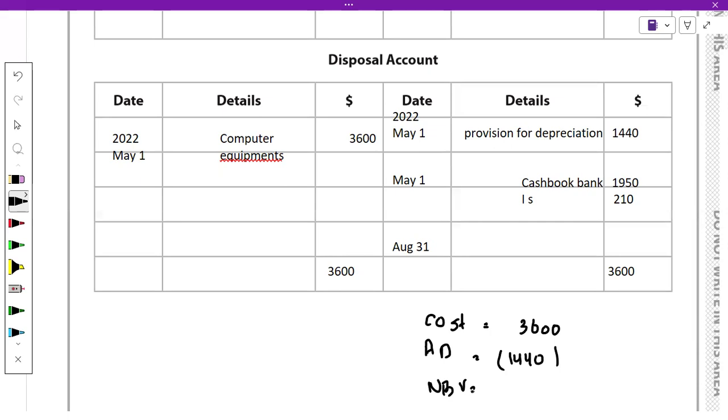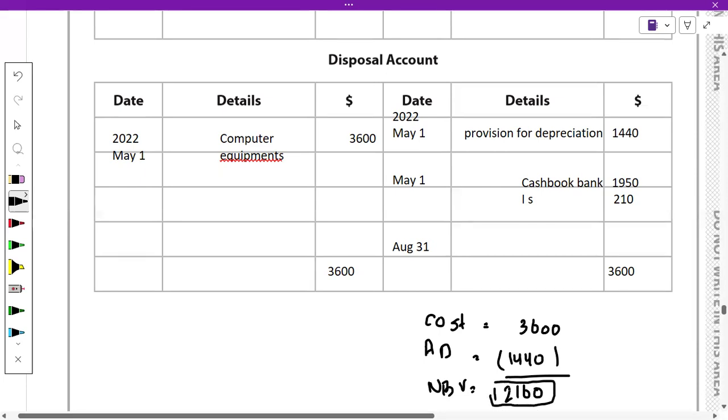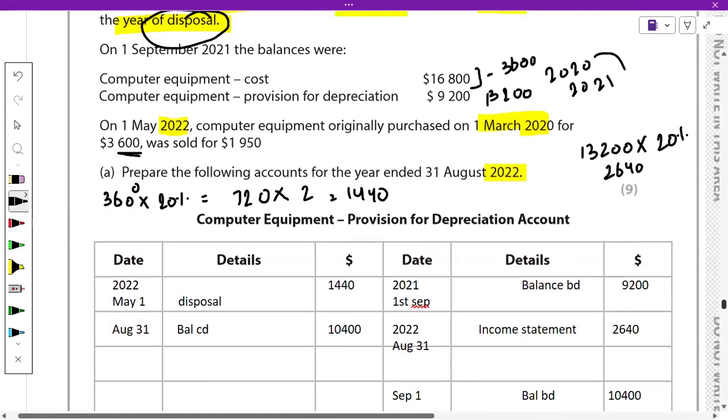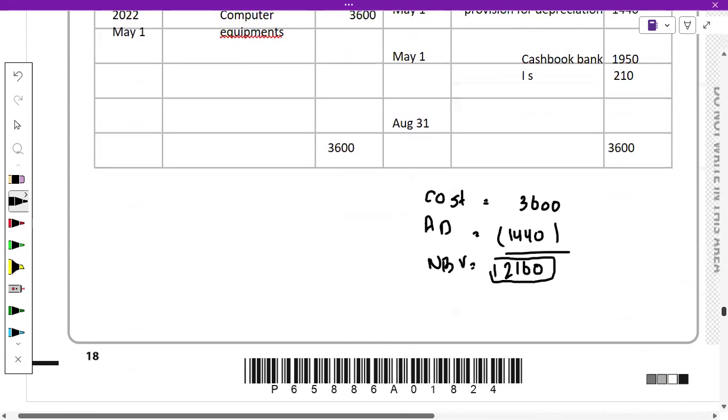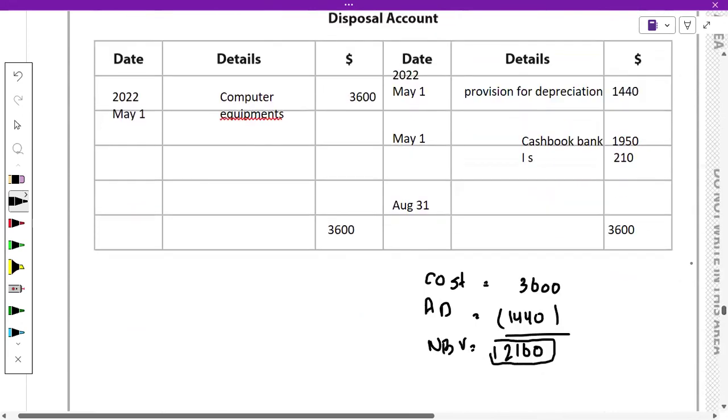So 3600 minus 1440, we have 2160. So 2160 is its net book value, and we have received only 1950.